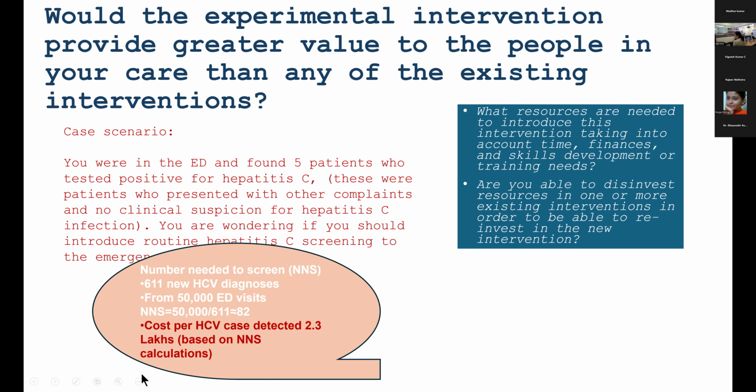I previously calculated assuming 100 to 200 patients per day to the ED. But if you calculate based on number needed to screen, around 82 patients need to be screened to detect one HCV. And therefore, the cost is around 2.3 lakhs for one HCV case. Will you do it?